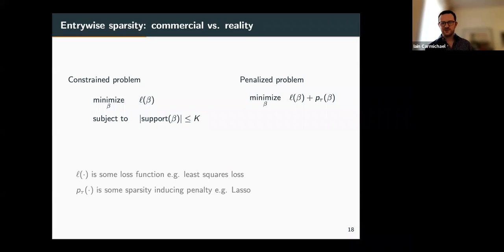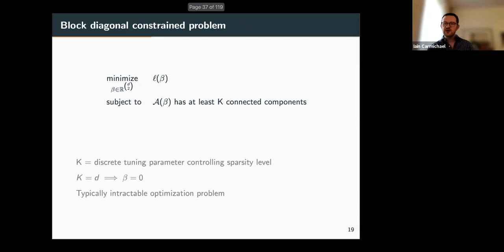And of course, as sophisticated statistical consumers as you all are, you would say, hey, it's probably computationally intractable, which of course it usually is. And so we're actually going to solve some penalized problem. We're going to throw some sparsity inducing penalty on our loss function. And so we're going to follow this same outline for learning with block diagonal sparsity.